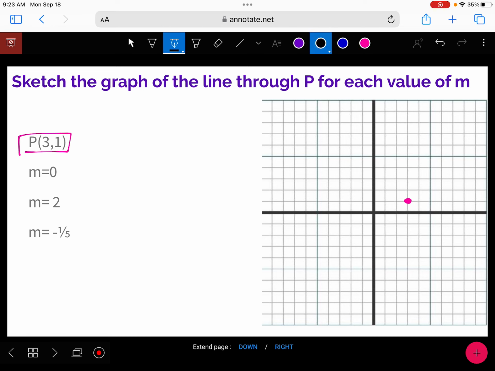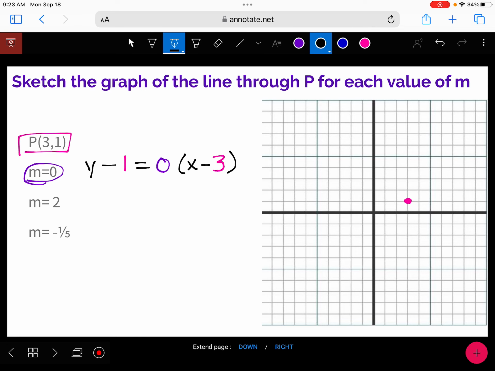If you like slope intercept form better, you can absolutely do that. y minus the y value from the point, which is 1, equals our slope of m, which is 0, times (x minus 3). That would be the point slope form of the first equation.